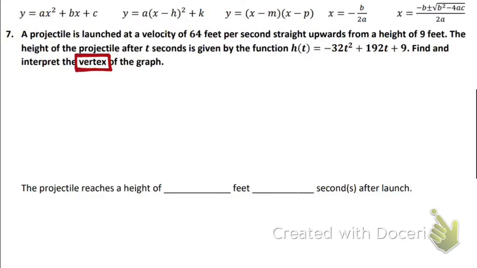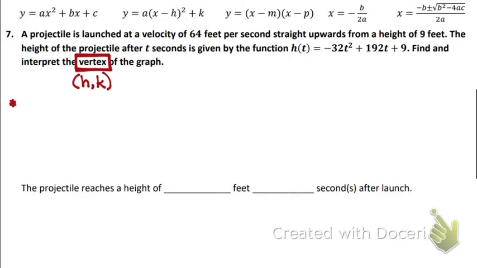Number 7, we need to find the vertex of this graph, and we need to interpret it. My vertex is HK. How can I find H? We can change it to vertex form.